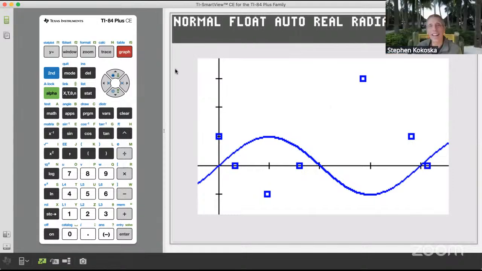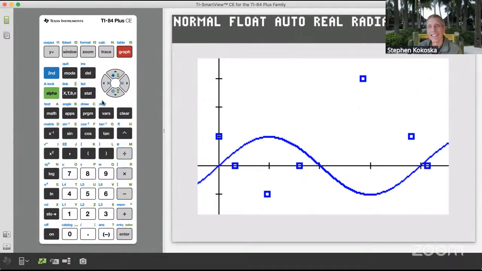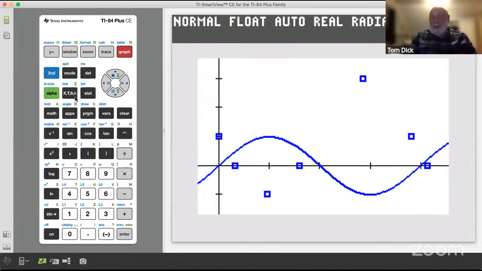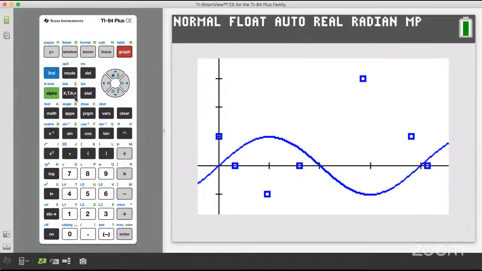Interesting. Now, Vicki mentioned the Transform app, and that's just a beautiful app. We did get a question, just a clarification on how to store values.